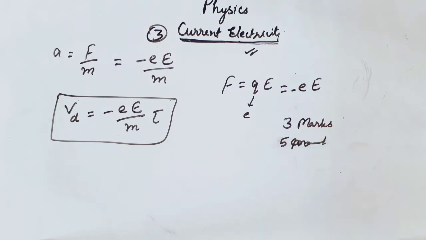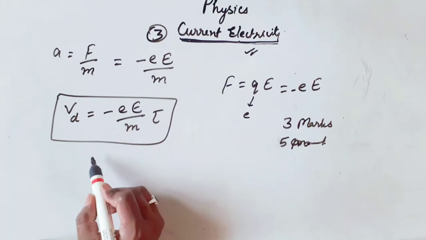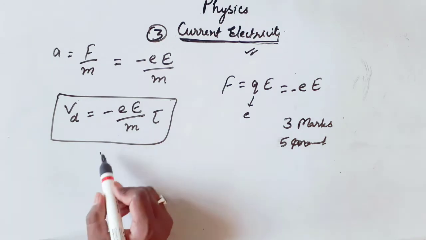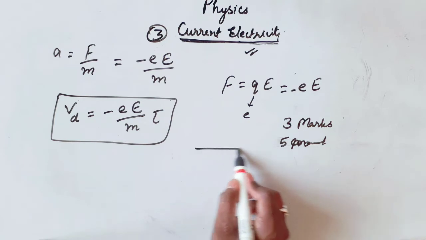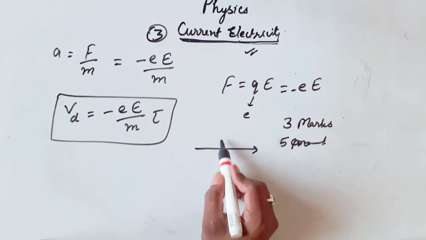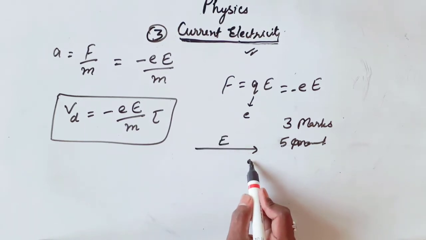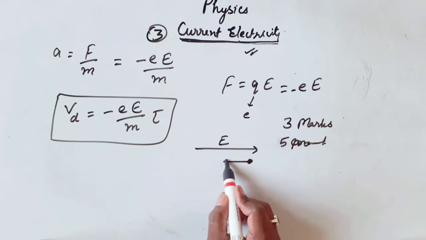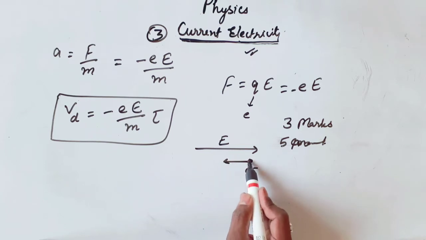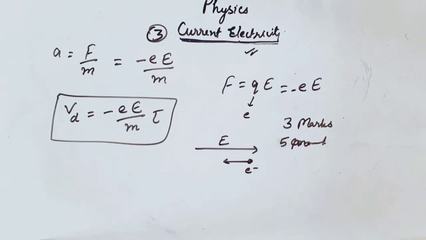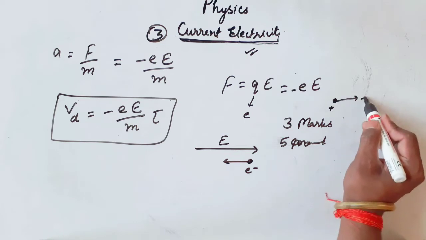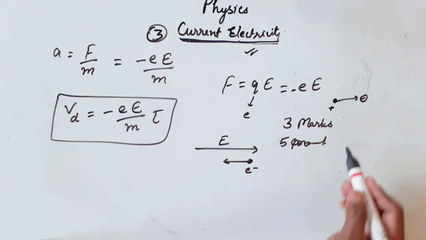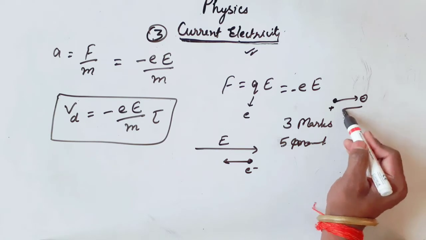Here the negative sign represents that the direction of electron is opposite to the electric field line, because if the direction of electric field is in this direction, the electron will flow in the opposite direction, since it always flows opposite to the electric field lines. The direction of electric field is from positive charge to negative, and the direction of electrons is from negative to positive.